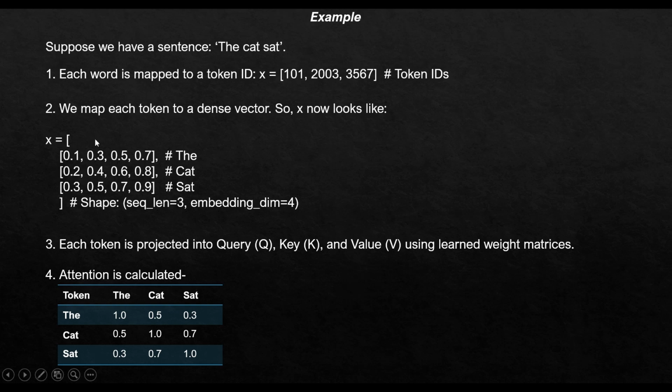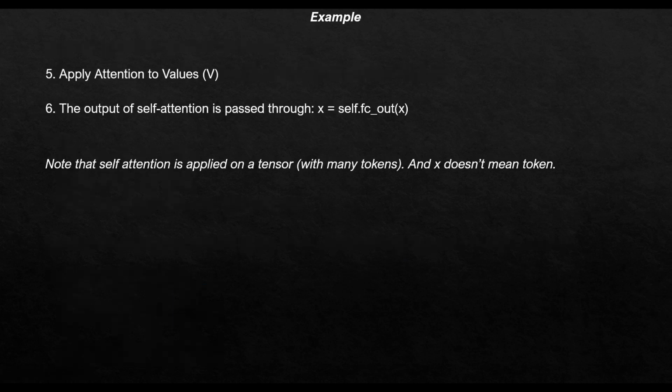This is what the dense vector X is going to look like after embedding it. Then each token is projected into a query, key and value using learned weight matrices, and attention is calculated for one word with each of the other words. So that's what X comma X in the previous code meant.